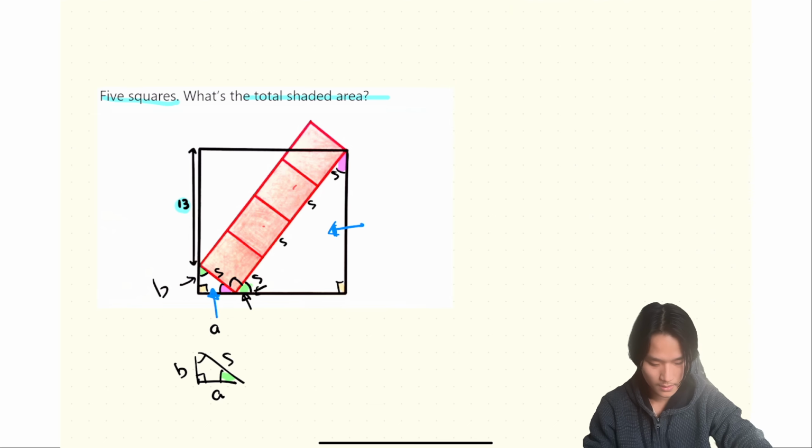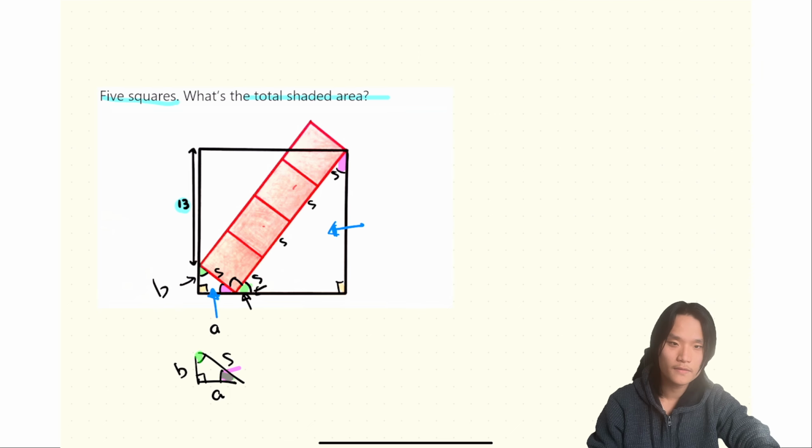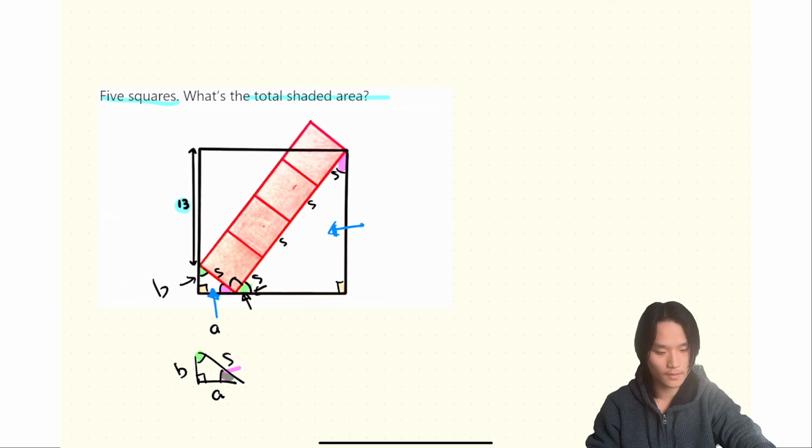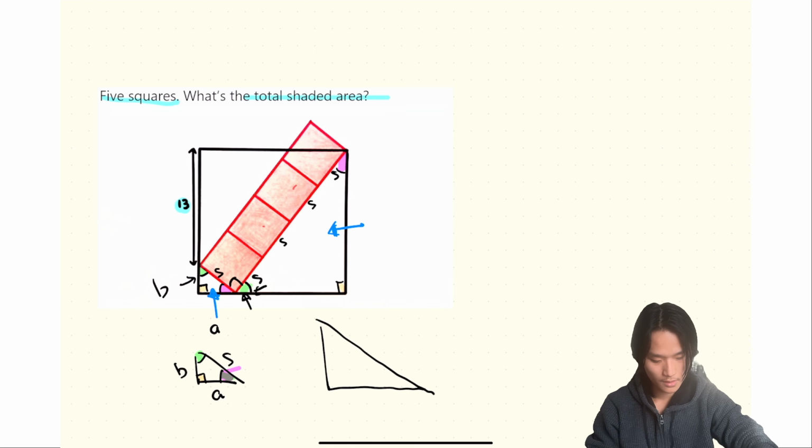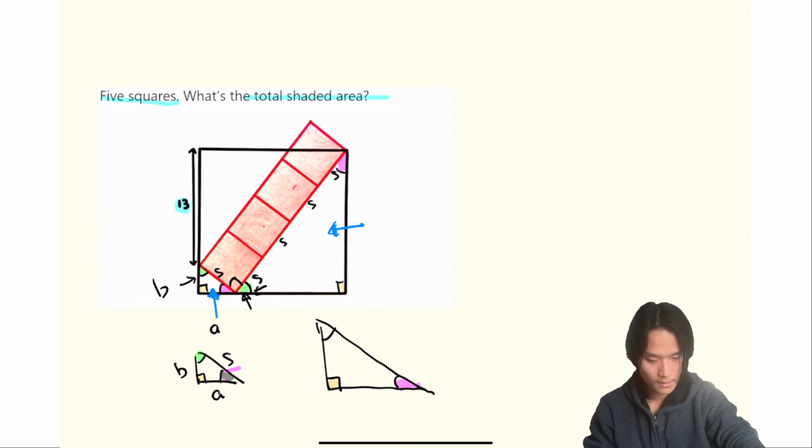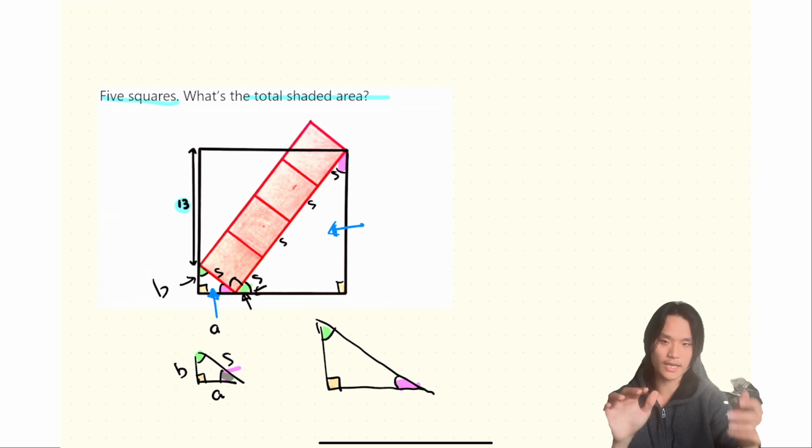This should be purple, then the other is green, and then we've got orange for the right angle. Now let's draw the bigger triangle. We've got the right angle, then the purple angle, and finally the green angle. We rotate it a bit so that it matches.